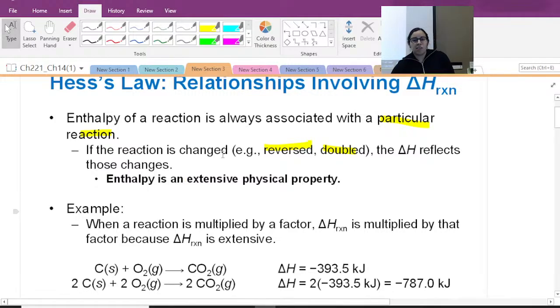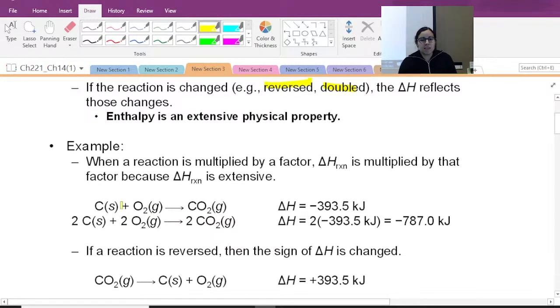In this case, we have one equivalent of carbon plus one equivalent of oxygen gives us CO2, and this is going to be negative 393.5 kilojoules. But then we can multiply everything by a factor of 2, and now we double our enthalpy. So again, that's why it's extensive.